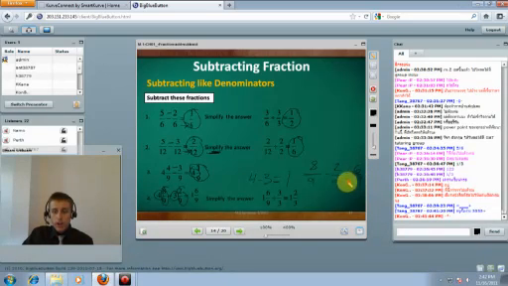We keep the denominator the same. We remember that the whole numbers were 4 minus 3 equals 1. So we know it's 1 and 6/9. But it can be reduced. Simplify the answer. 6 over 9 can both be divided by 3, both the 6 and the 9. The final answer is 1 and 2/3.